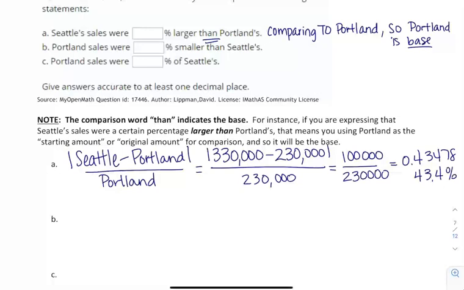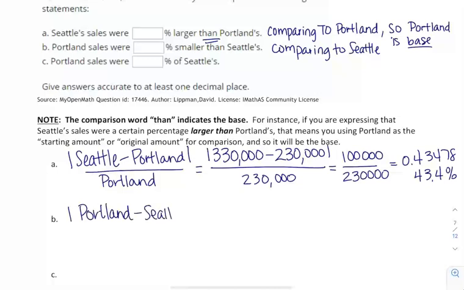Now, if we did Portland sales were what percent smaller than Seattle's, here we are comparing to Seattle. And so Seattle is going to be that base, that denominator, and we'll do Portland as the new one. So Portland minus Seattle over Seattle.